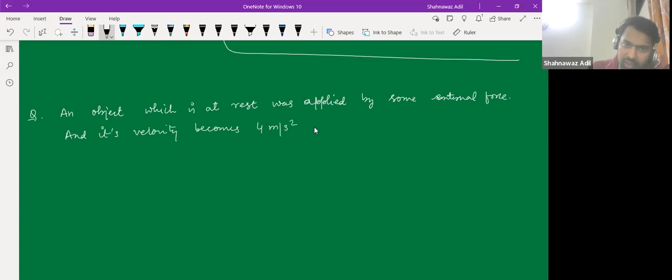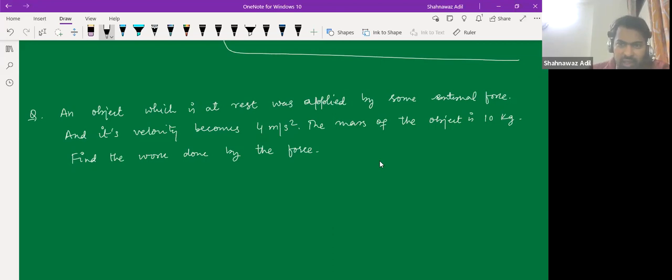The mass of the object is 10 kg. Find the work done by the force.